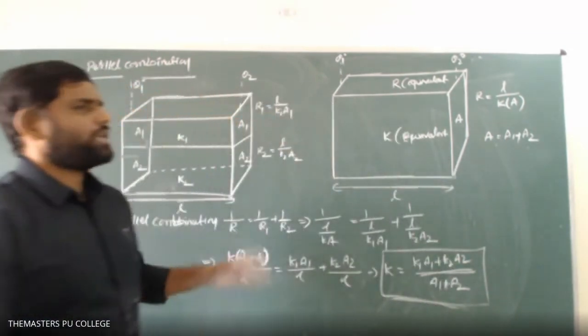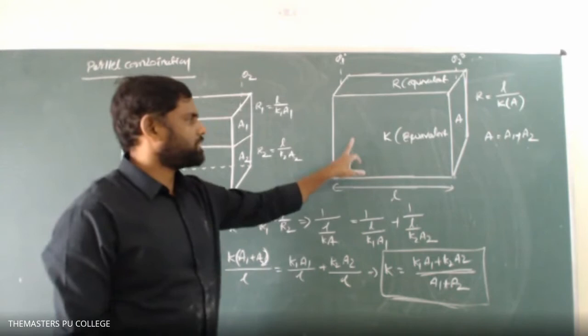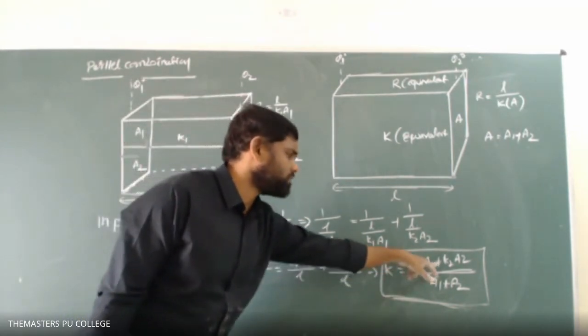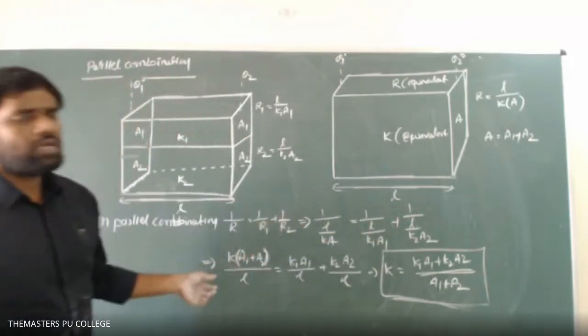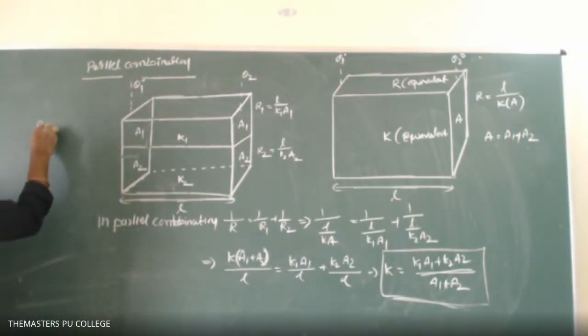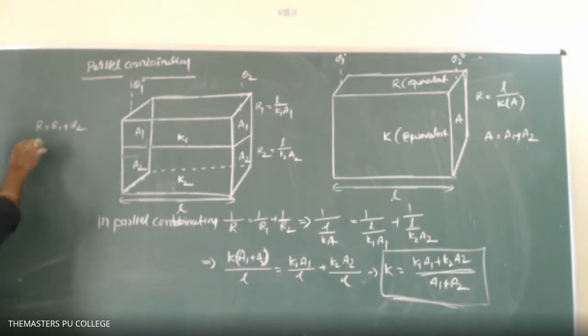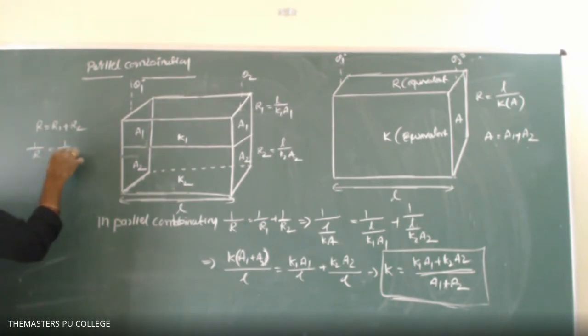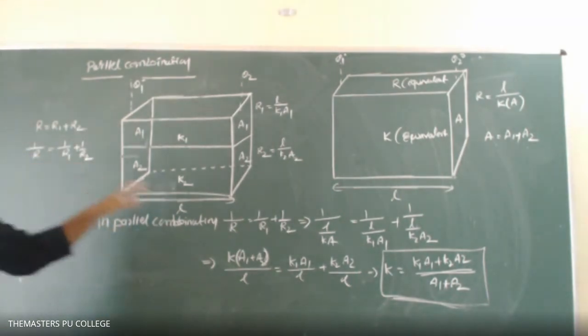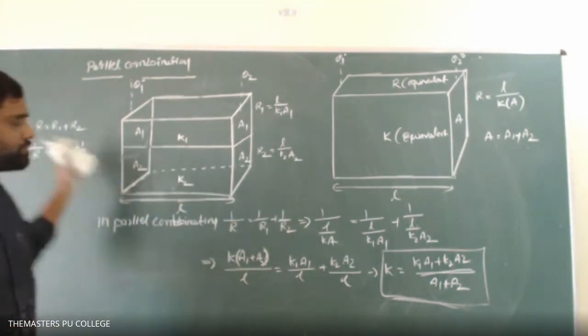To have the same flow of heat, this substance must have the equivalent thermal conductivity k equals k1 a1 plus k2 a2 divided by a1 plus a2. So students, earlier we got r equals r1 plus r2 for series combination. In parallel combination, the equivalent resistance is 1 by r equals 1 by r1 plus 1 by r2. You already know this; the same equation was used to get the equivalent thermal conductivity.